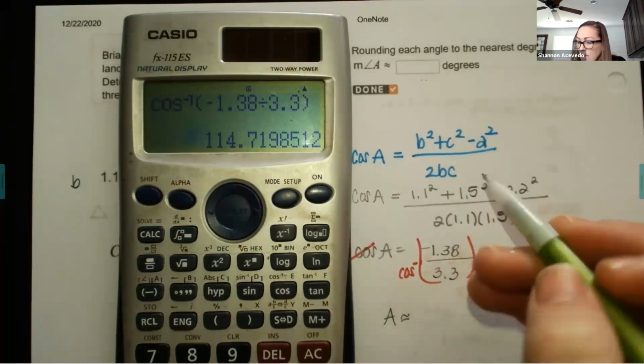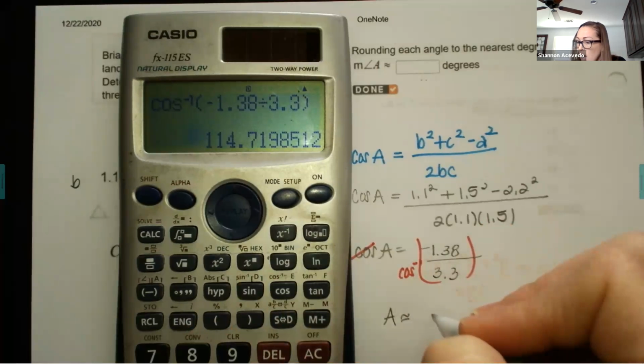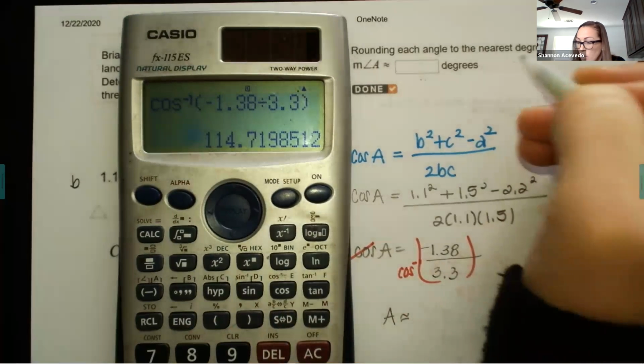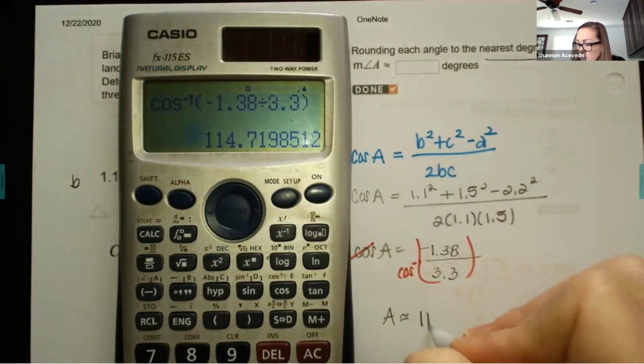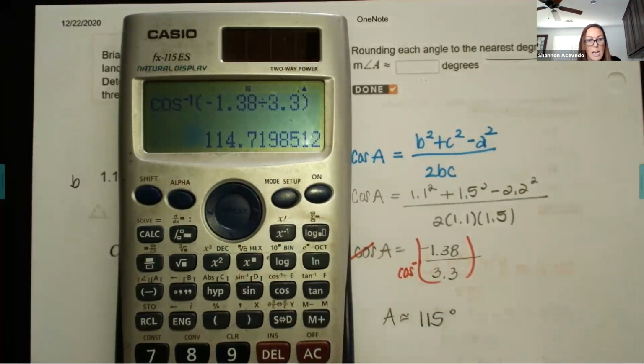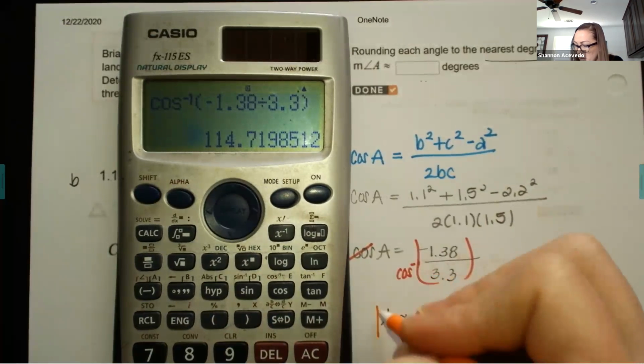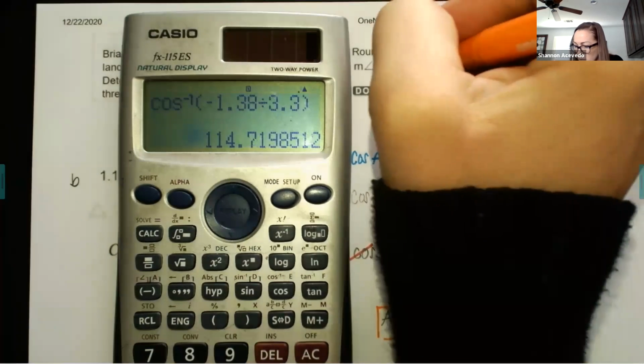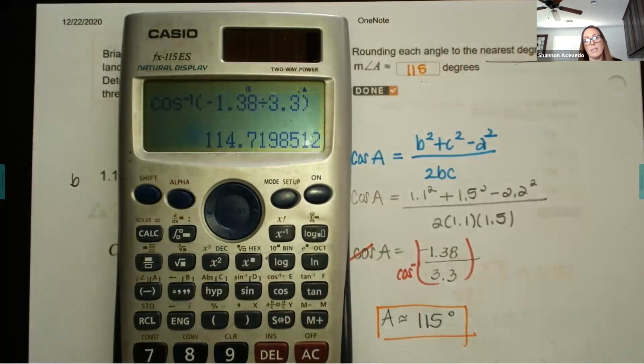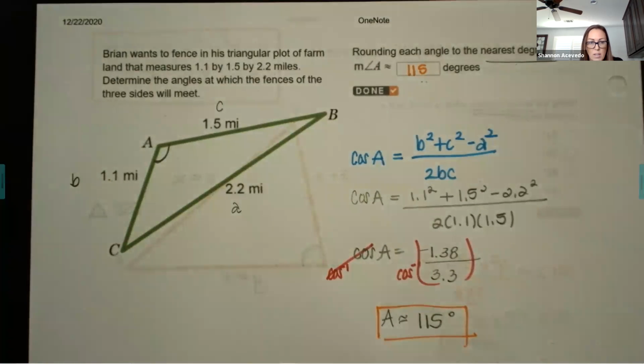And I get that it's going to be approximately, this is round to the nearest degree, so it's going to be approximately 115 degrees. And there's the answer I'm looking for. 115 degrees. Perfect. And now we're on to my very last one.